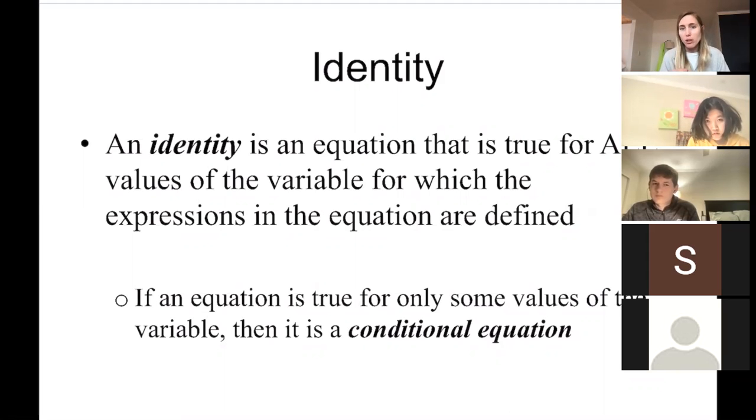Those are conditional equations, when there's only sometimes a value that will make this statement true, make the left-hand side equal to the right-hand side. So an identity is when all values within the domain will make the left-hand side equal to the right-hand side.